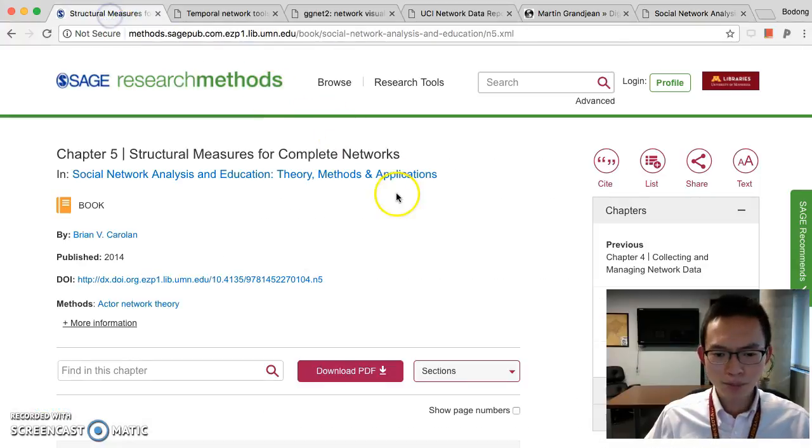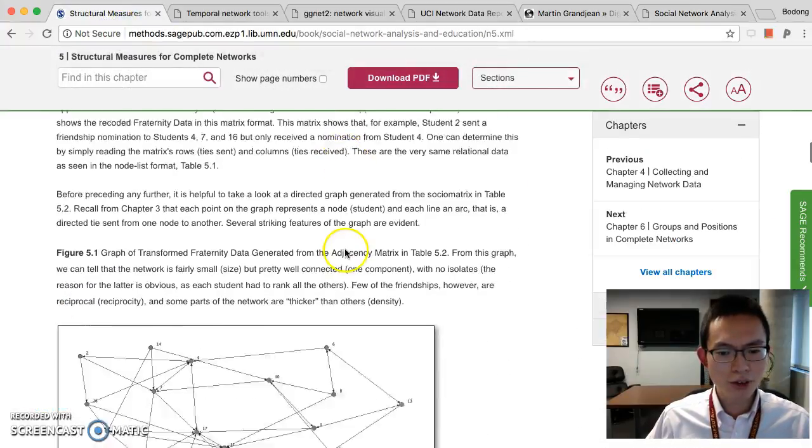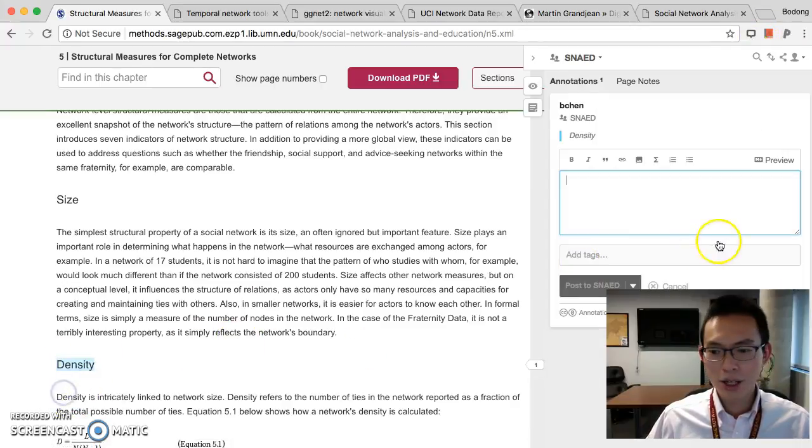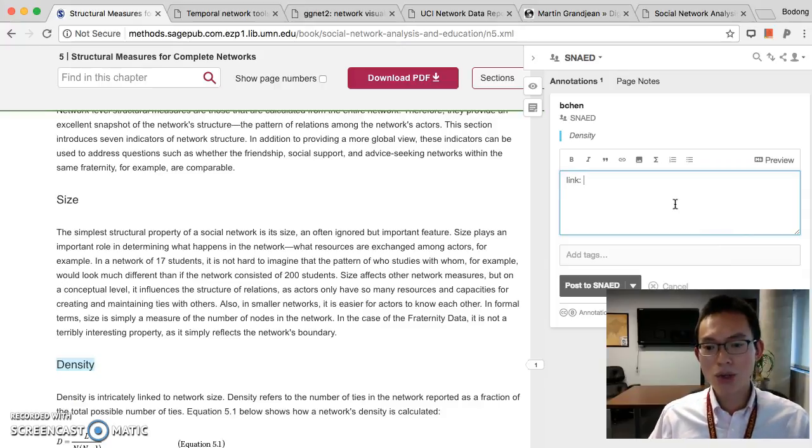For example, share the solution by, let me see, for example, the density, you can highlight this piece and then make an annotation, right? Make an annotation, saying this is a link that you can use that demonstrates how you can compute density in Gephi.